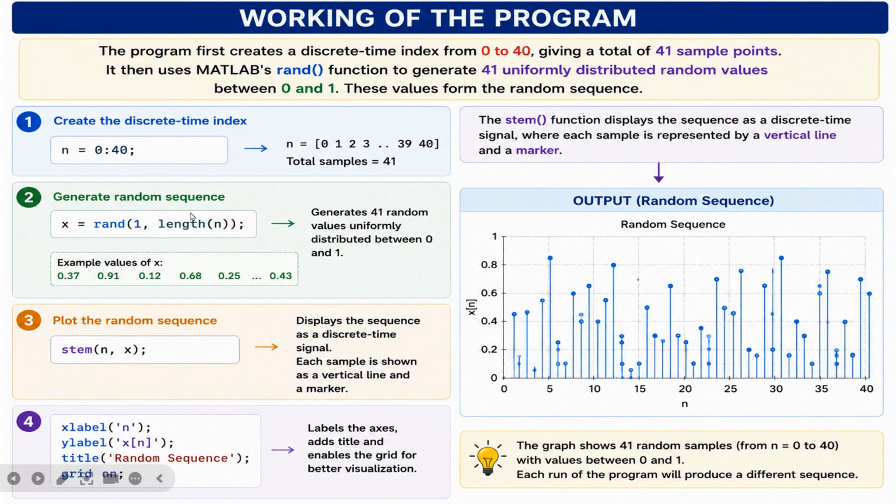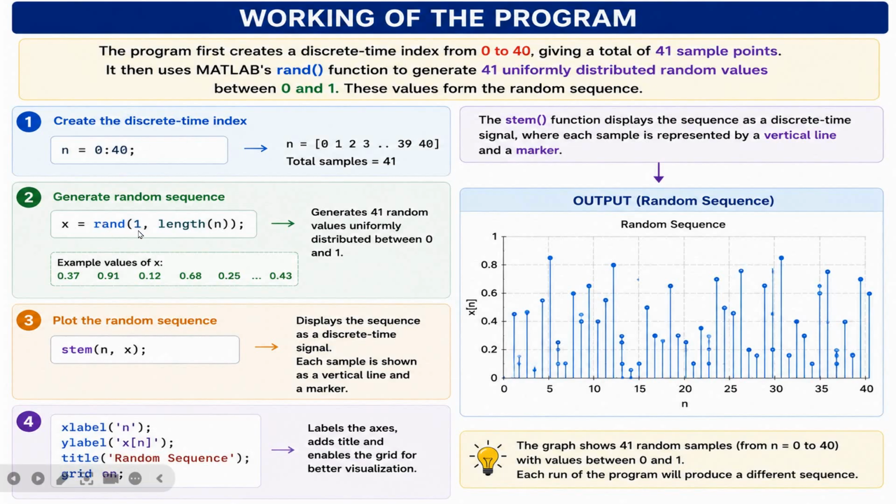Next is the generation of the random sequence, where we are using x = rand(1, length(n)), which will generate the random sequence, that is, here we'll get the uniformly distributed random sequence or the random numbers. Here this 1 indicates that the output will have one row.